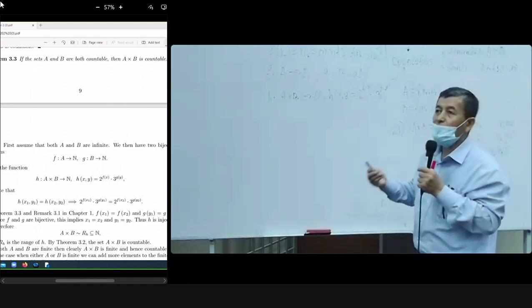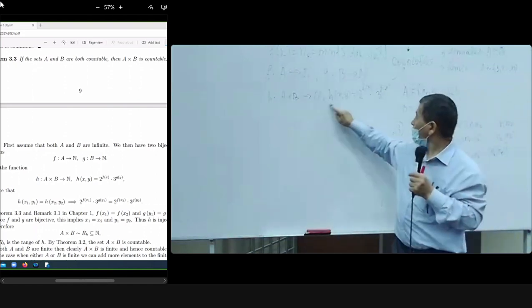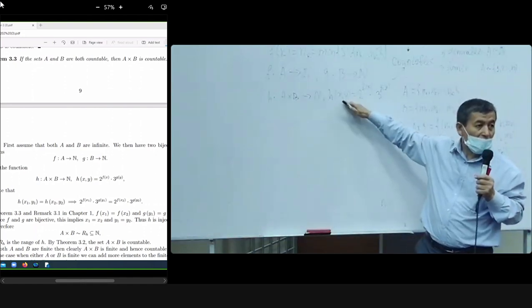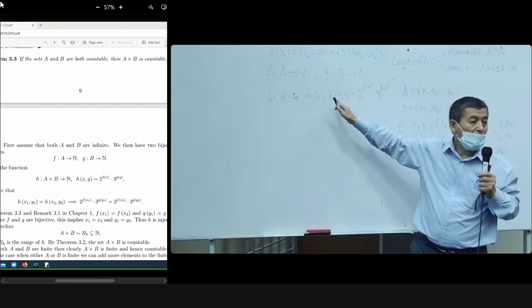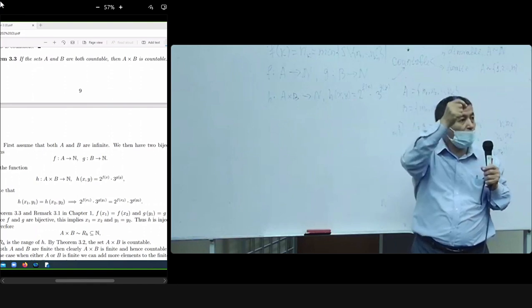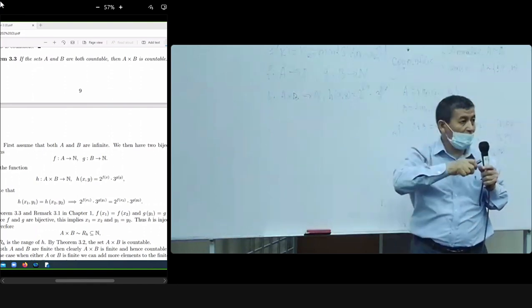Actually, in the proof, after constructing this, we need to show this function is bijective. For bijectivity, first we need to show it is injective.